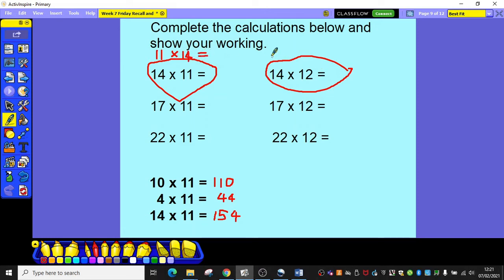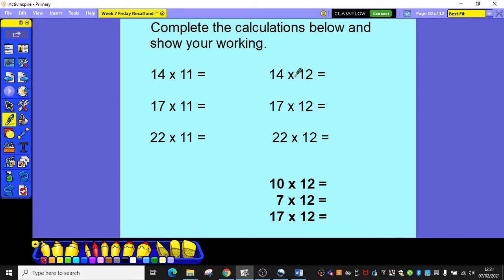Equally, I can do 12 times 14. So if I know 11 14s is 154, there it is, then I'm just going to add 14 more to that, which is going to give me my answer of 168. Okay, so I used my knowledge of being able to multiply by 11 to help me multiply by 12.